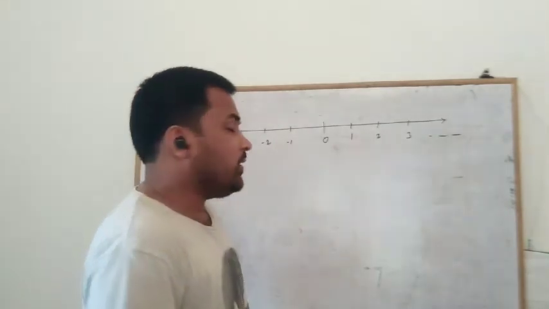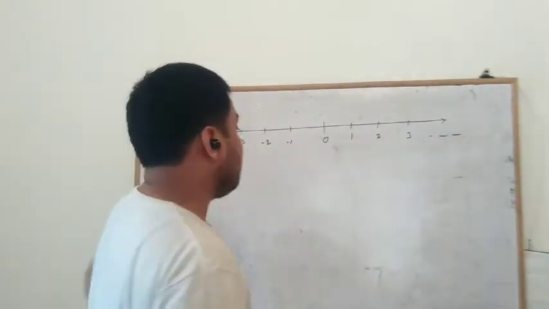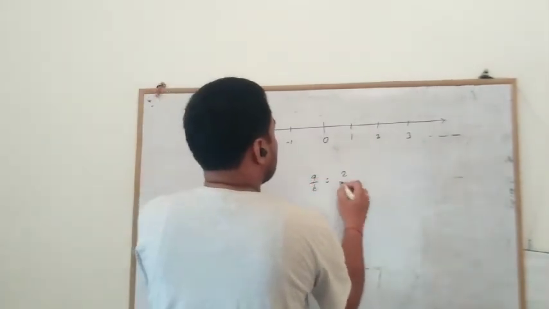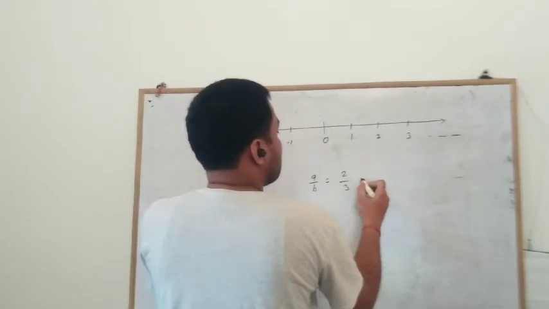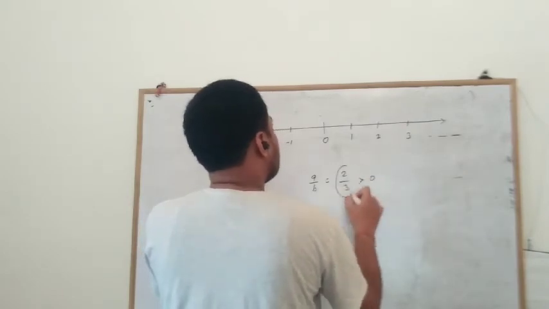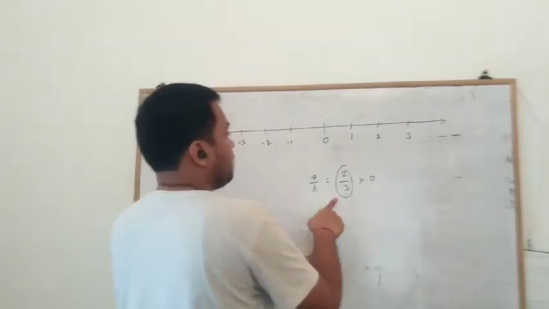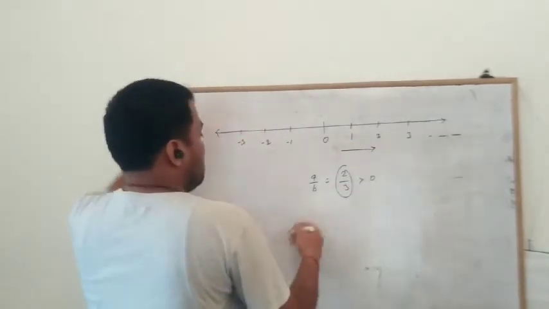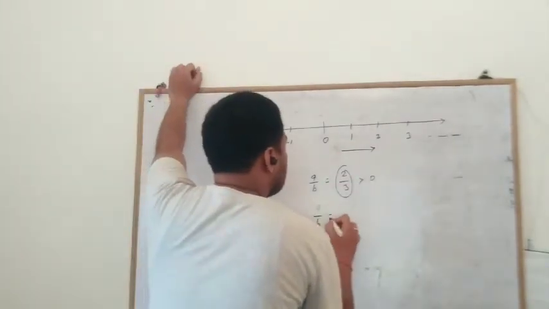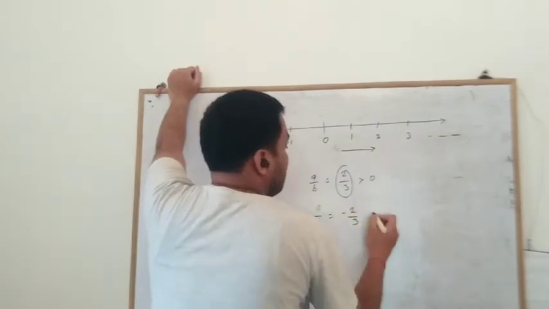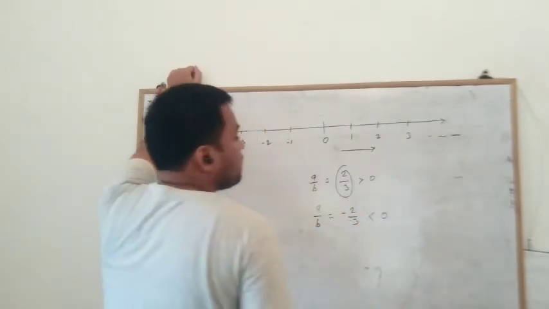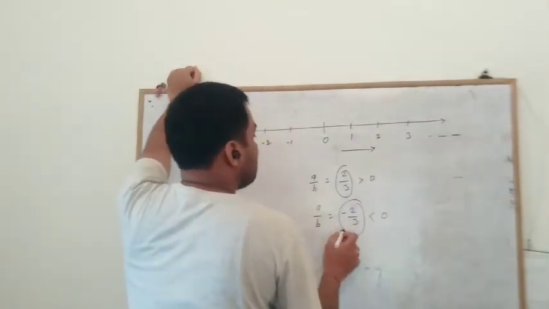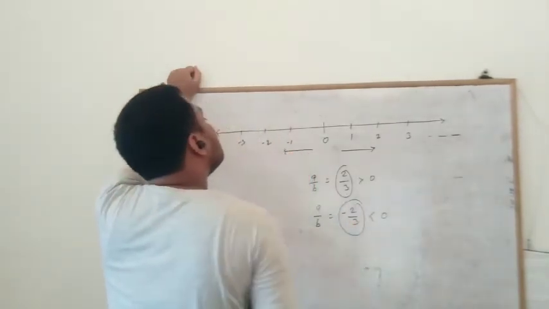So it must be clear that if we take a positive rational number, a by b is equal to 2 by 3, then this must be greater than 0. So every positive rational number like 2 by 3 will be represented on the right side, and if we consider that a by b is equal to minus 2 by 3, then it must be less than 0. Okay, so this is considered and this will be represented to the left of the 0.